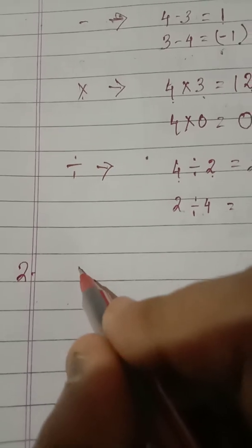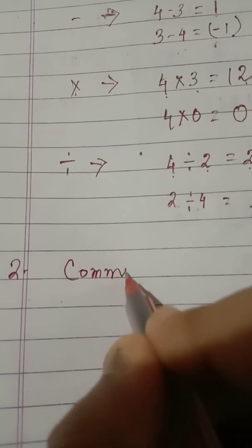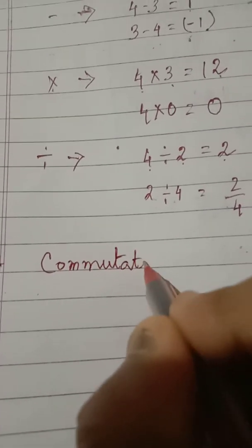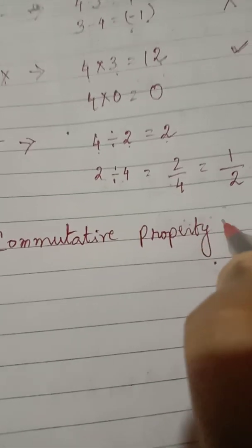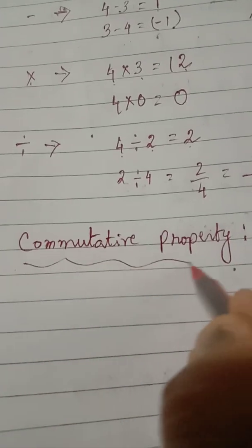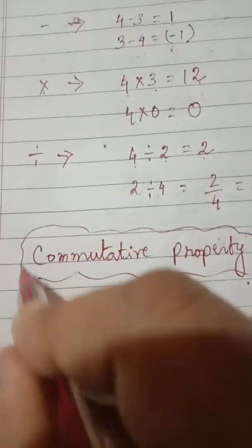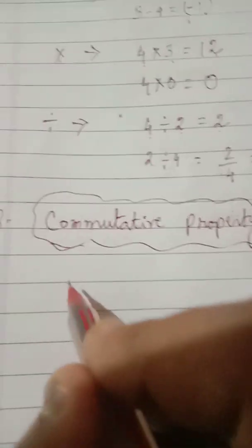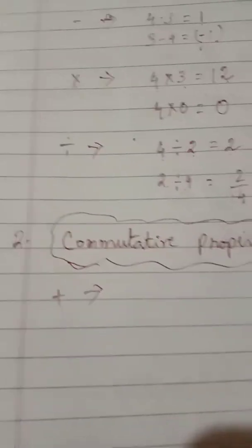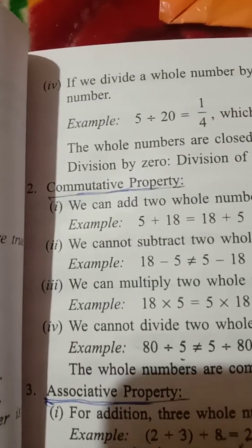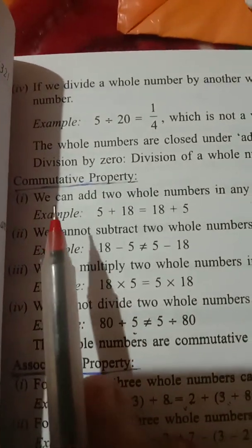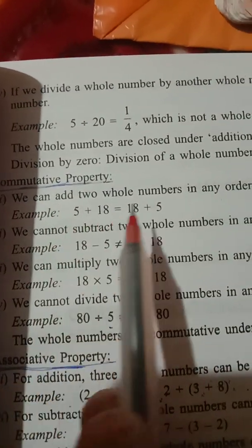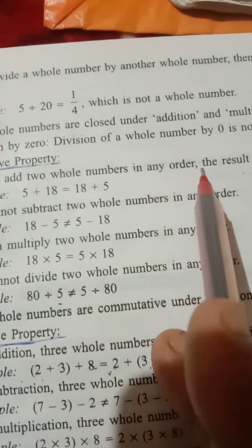Number 2 is the commutative property. In case of addition, see the commutative property. We can add two whole numbers in any order.